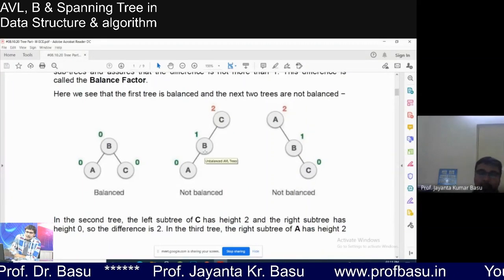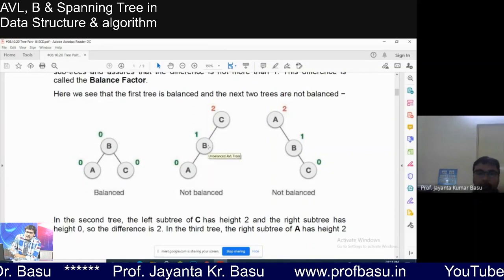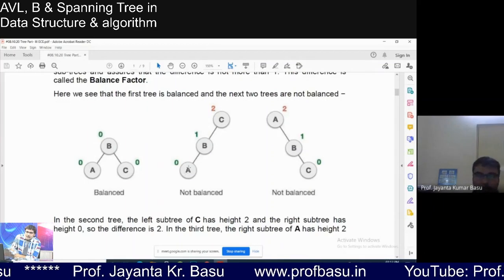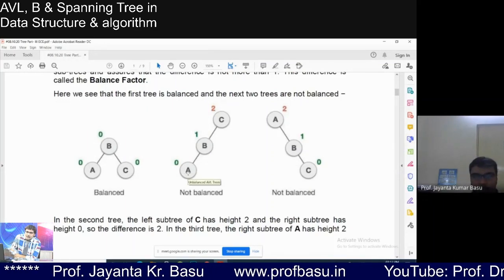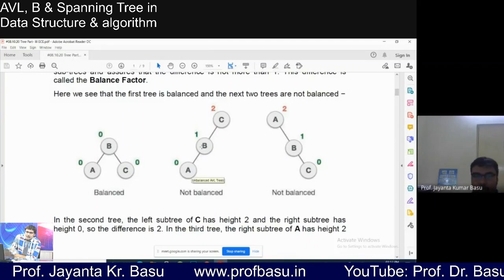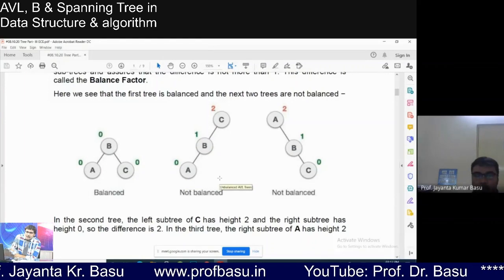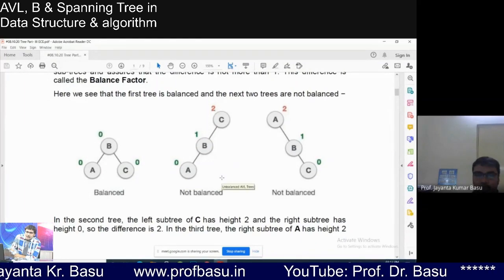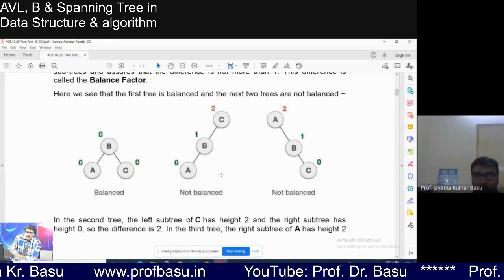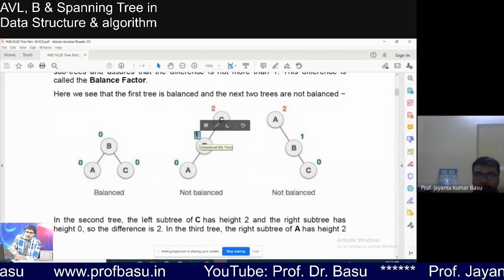Now for this B node, just concentrate on the B node. B has only a left child, but no right child. So one level is there, and there is no node in the right part of the B, so 0 level. So left minus right, 1 minus 0, so B is assigned the factor 1.